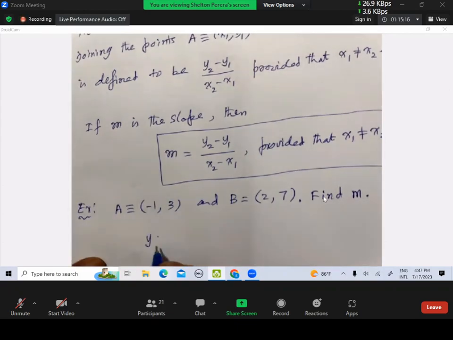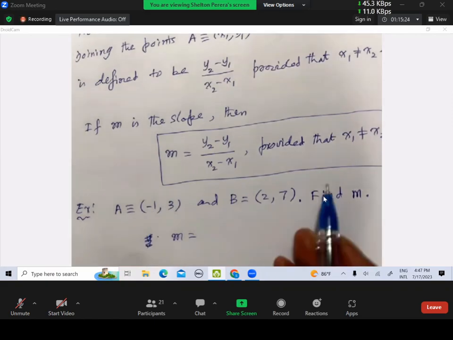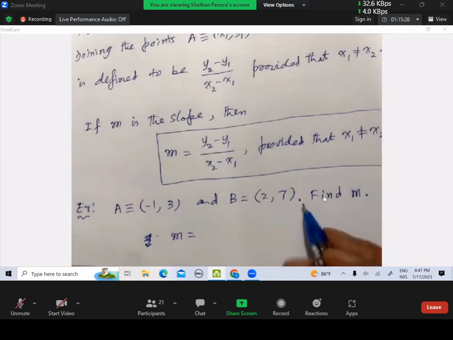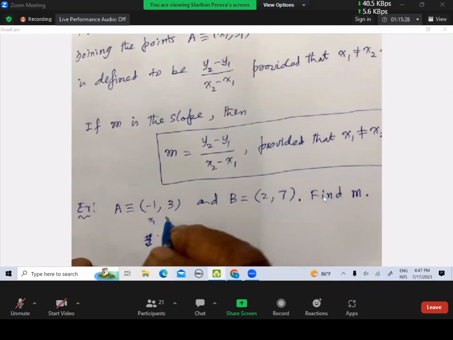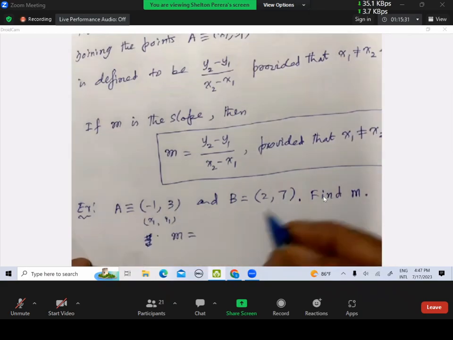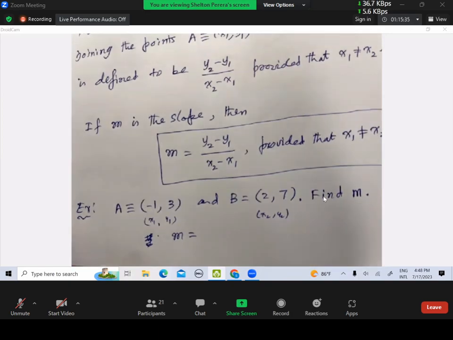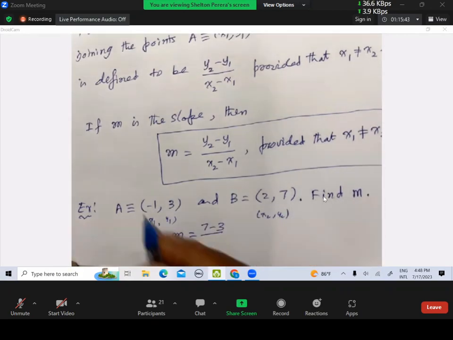Using the above, m is equal to y2 minus y1. You can take either one to be x1, y1 and x2, y2. So let us take this to be x1, y1 and this to be x2, y2. So what is the slope? y2 minus y1, 7 minus 3, divided by x2 minus x1, 2 minus minus 1.